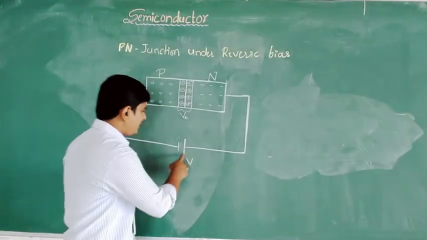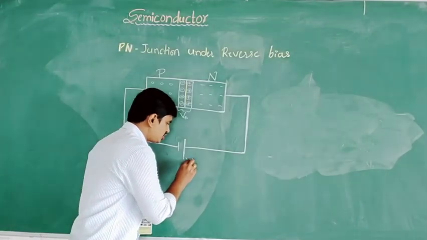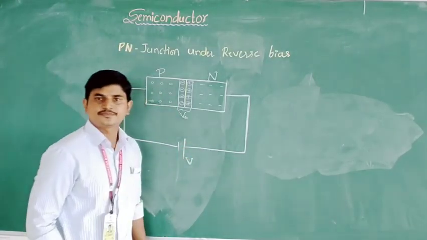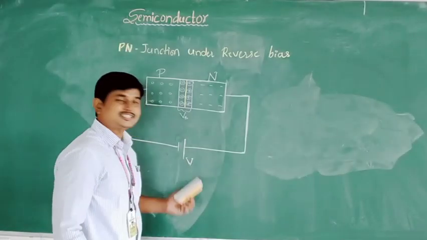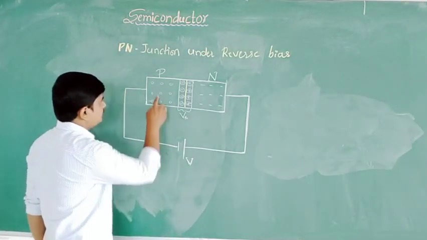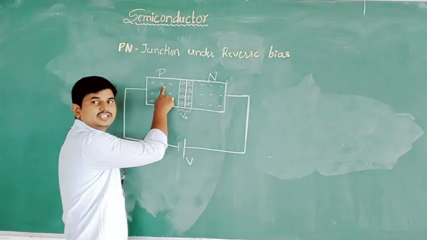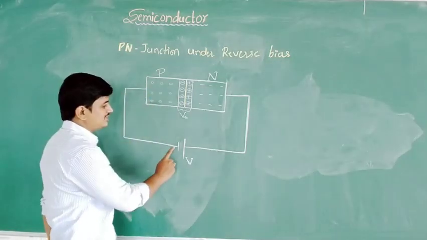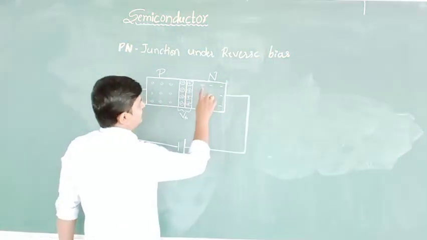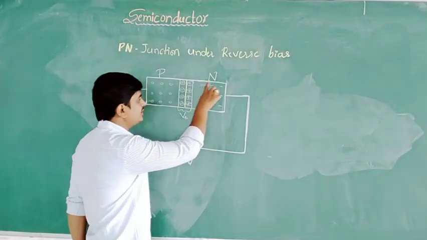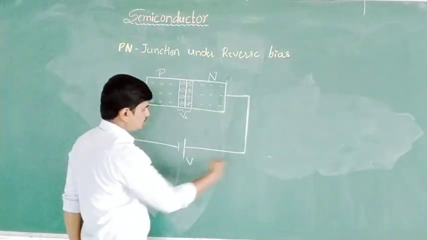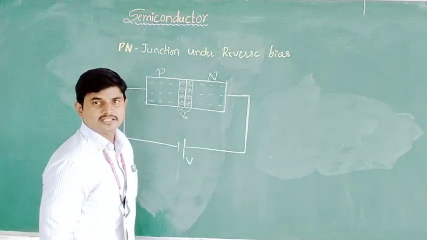Then, once the external voltage is applied, here these are the holes which are positively charged and which are attracted towards the negative terminal, and the electrons are the negatively charged particles which are attracted towards the positive terminal.